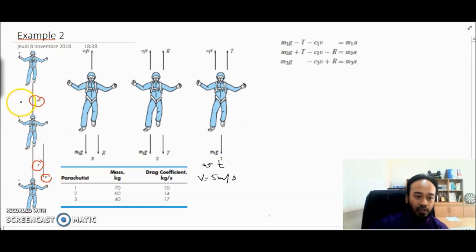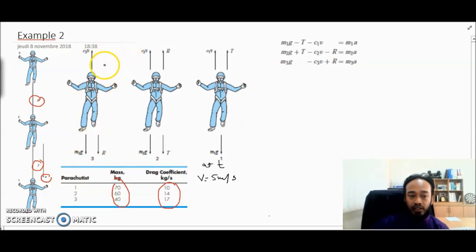Of course, these three unknown parameters R, T, and A are the results of the gravity g, the mass of the parachutists, and their drag coefficients, right? So if these change, then the tension and the acceleration would change as well.